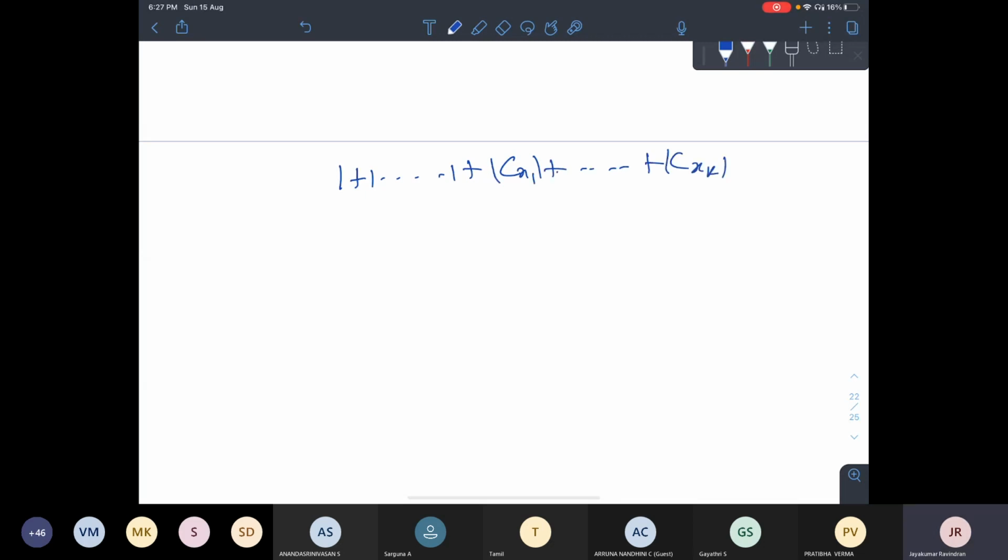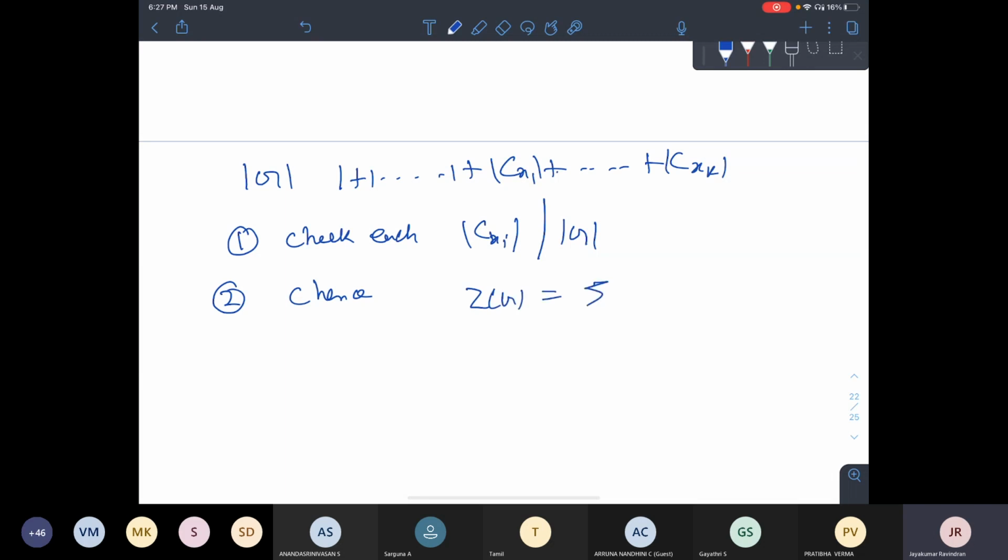Suppose somebody gives you something like this: a summation, 1 plus 1 a few times, plus some numbers, the orders of Cx1 up to Cxk, and suppose this equals the order of G. The first thing, check that each Cxi order divides the order of G. Second, check the order of Z of G, which is the number of ones appearing in the class equation, and whether it divides the order of G.